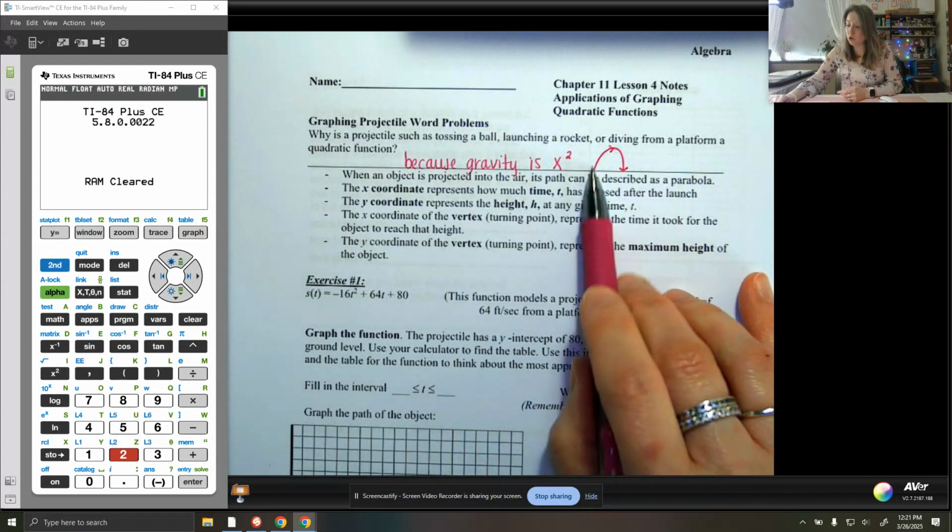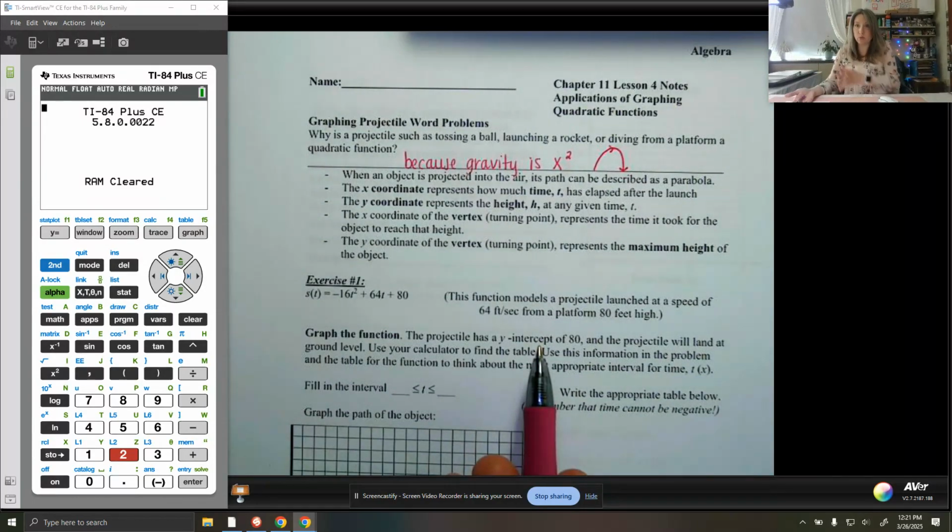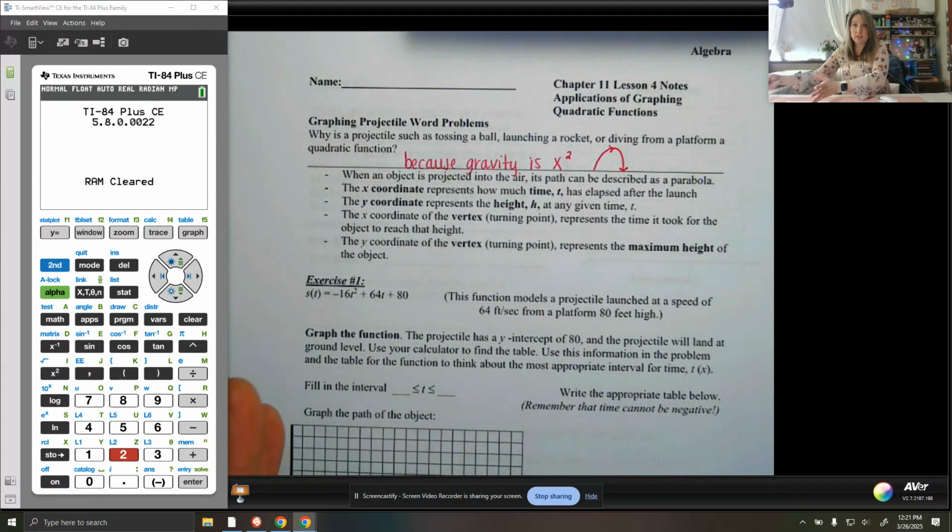Even if it's straight up and straight down, if you use x as your time and look at that over a time period, it looks like an actual parabolic movement. So even if it's just boom, straight down right there, it still looks like a parabola when we do that over time.